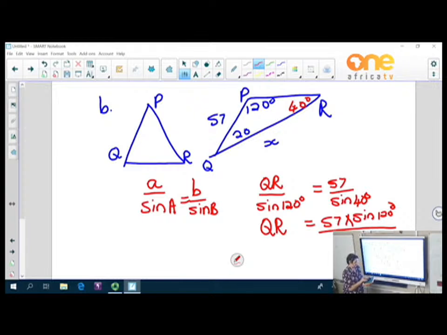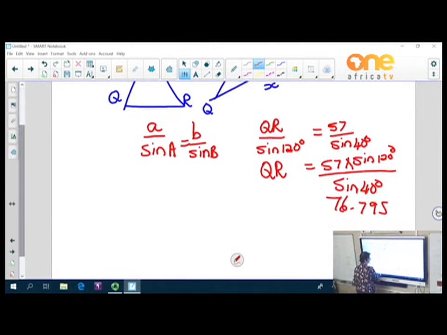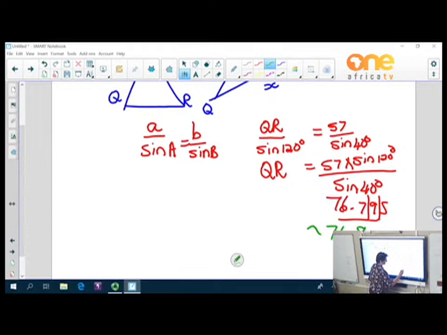And the answer is, I got 76.795. Again, rounding it then to 3 significant figures. Will the 9 influence the 7? Yes. And it is rounded then to 76.8.